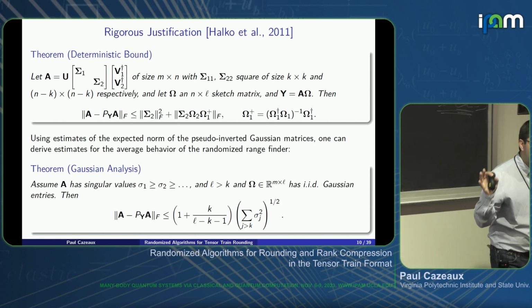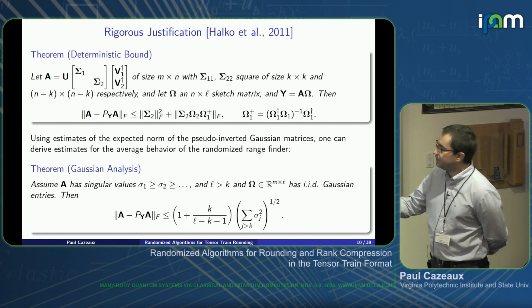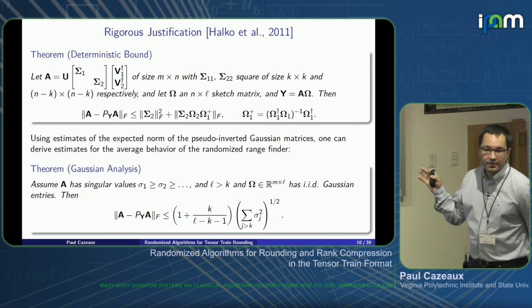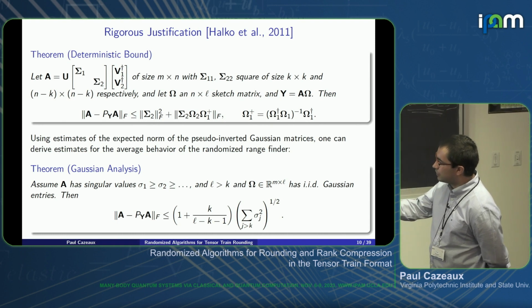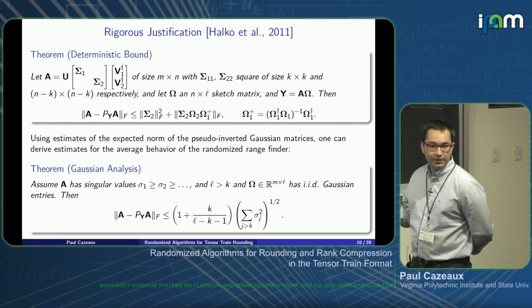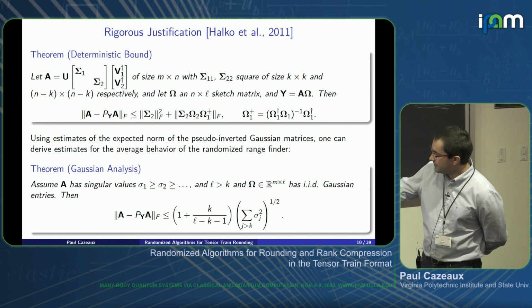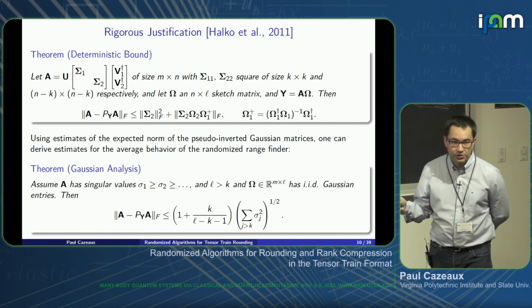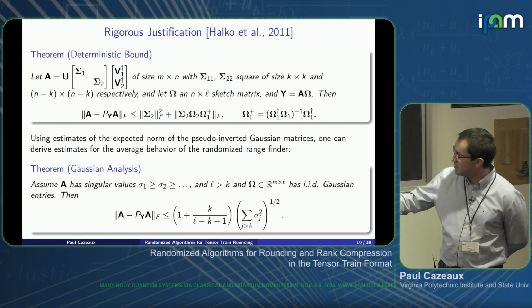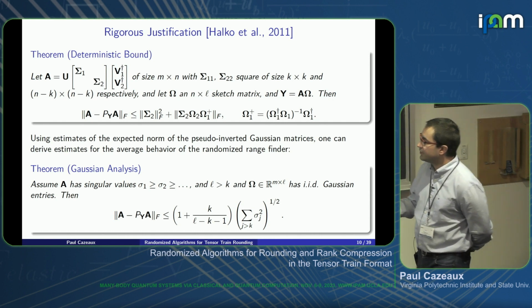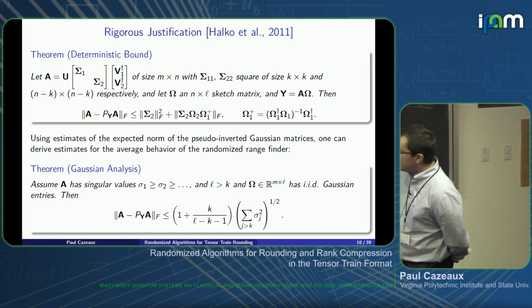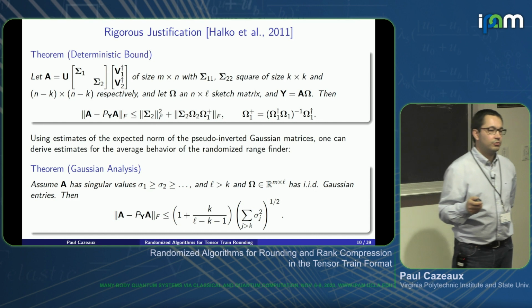If our matrix is exactly of rank K, this is going to be 0. If it's not, then we're going to miss a little bit, of course. There is no way around it, so we cannot do better than that. But then we have this piece here, which is coming from the randomization. And we see that even if we oversample a little bit, if L is greater than K, then this is not going to be much bigger than 1.